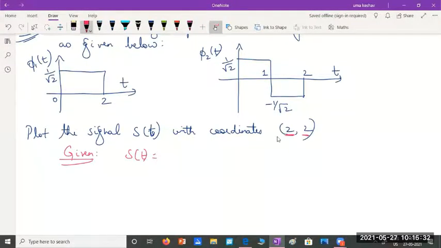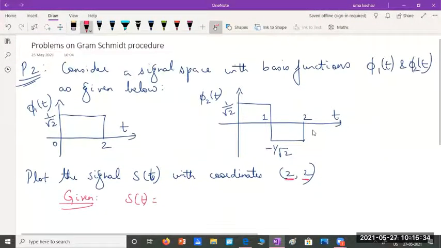how many orthonormal basis functions are there here? He says the signal space has two orthonormal basis functions, phi1 and phi2. And remember, the axes in the signal space diagram are the orthonormal basis functions phi1 and phi2. So it's a two-dimensional signal space diagram because it has two orthonormal basis functions.